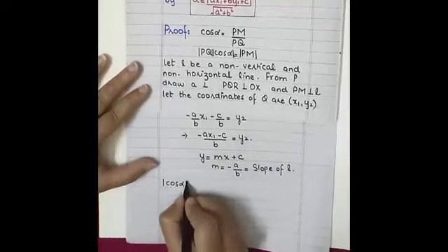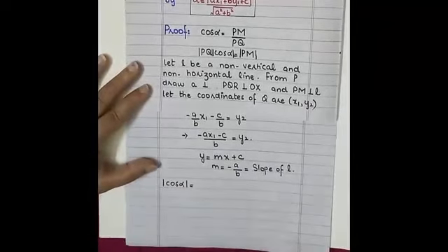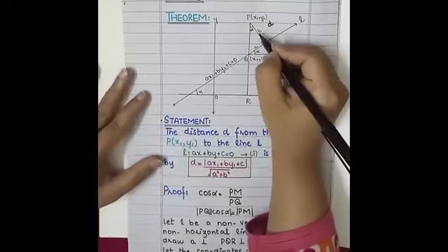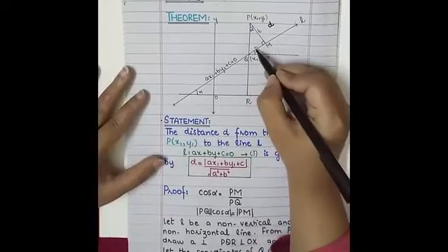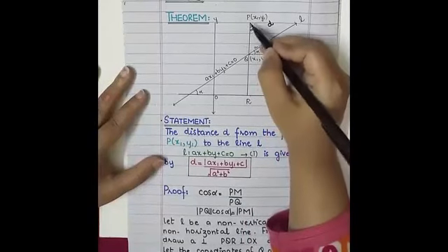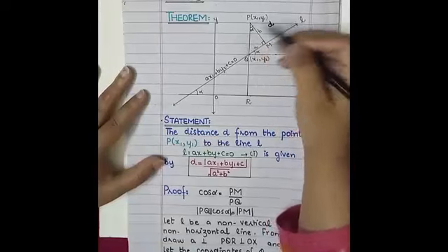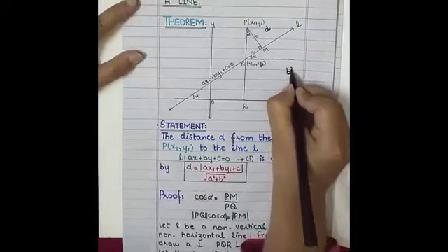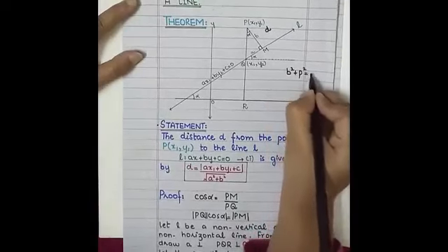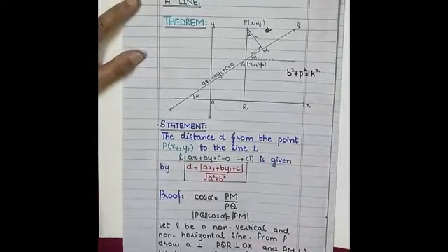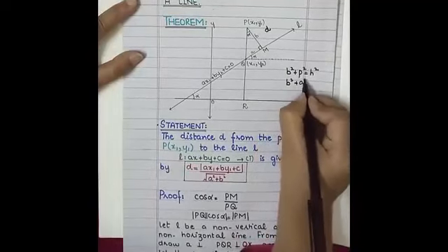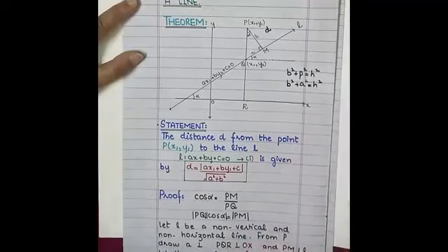Cos alpha is equal to base over hypotenuse. The base we have is this side, which we represented as b. This side we represented as a, which is the perpendicular, and this is the hypotenuse. We know base square plus perpendicular square is equal to hypotenuse square, so b square plus a square is the hypotenuse square.